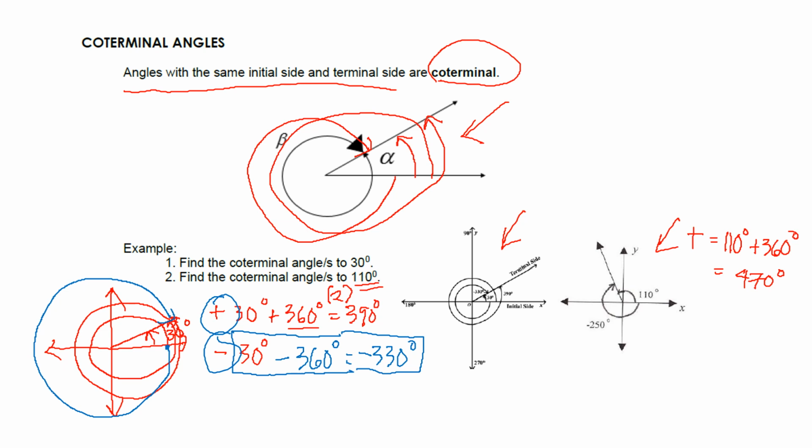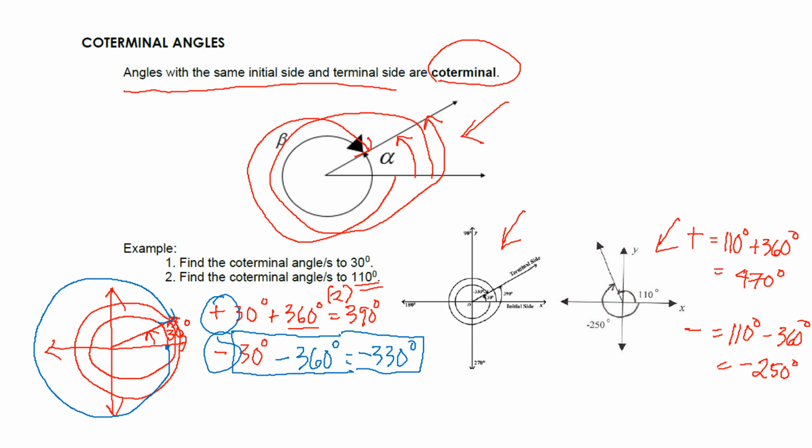Next, if we consider a negative angle, that would be 110 degrees minus 360 degrees. So what will be our answer? 110 degrees minus 360 degrees is negative 250 degrees.